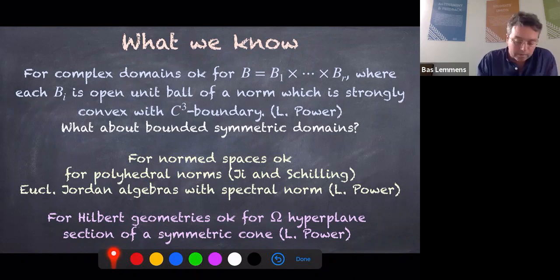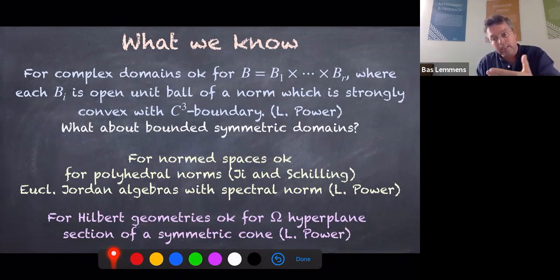Then we could prove this for Euclidean Jordan algebras, not as an inner product space, obviously, but with its spectral norm. These are the finite dimensional JB algebras. And then for Hilbert geometries, we could prove it where we take a symmetric cone and we slice it with a hyperplane.